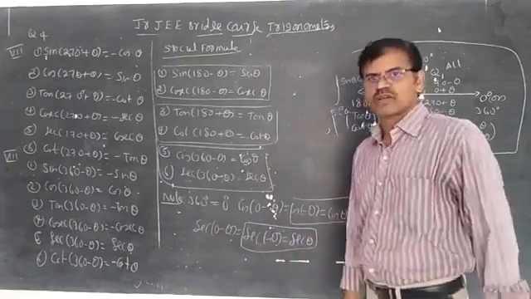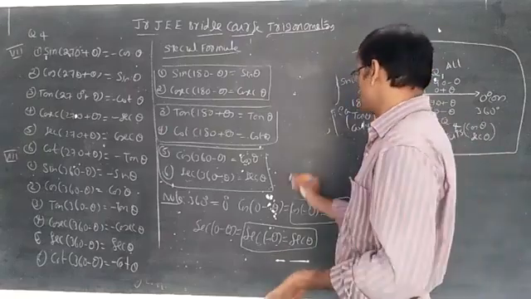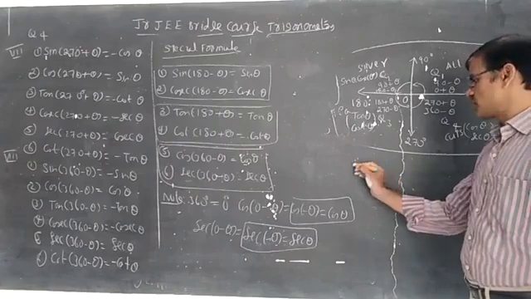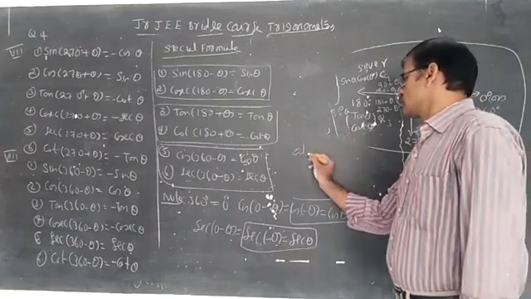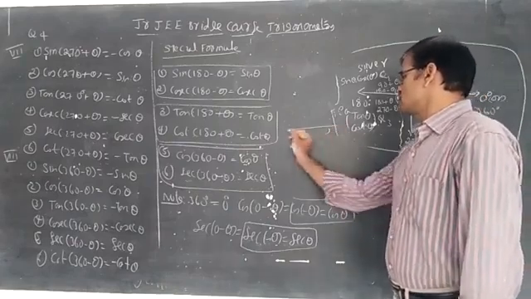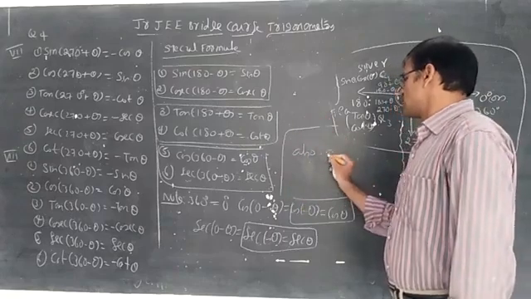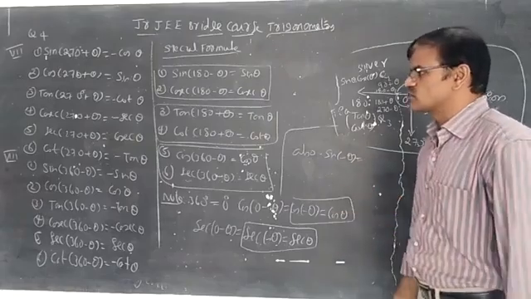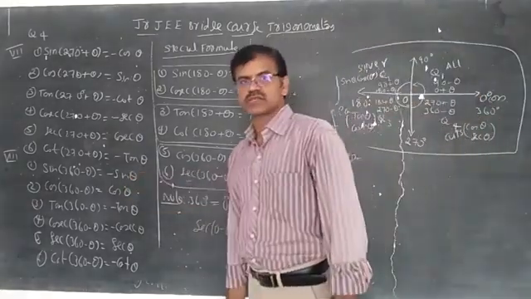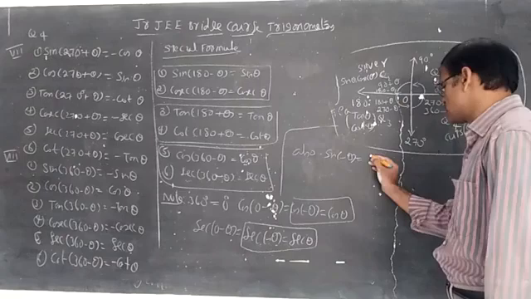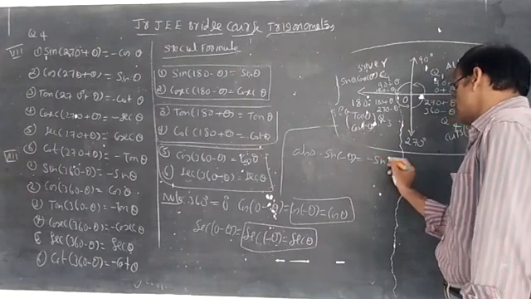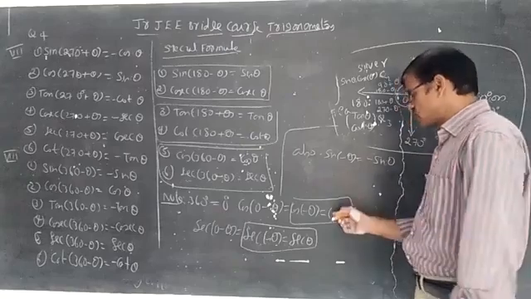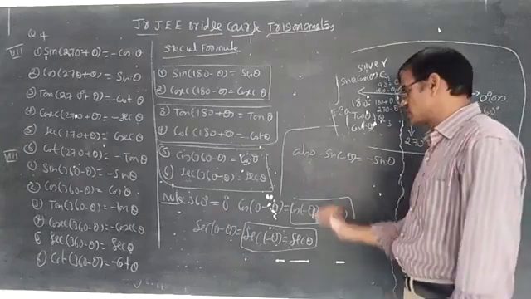Most useful formula. In the similar way, also we can write here, depending upon the 360 concept. Sin of minus theta, of course, sin of 0 minus theta means minus sin theta. So whenever the question is asked, sin of minus theta is equal to minus sin theta, cos of minus theta is cos theta, secant of minus theta is secant theta.